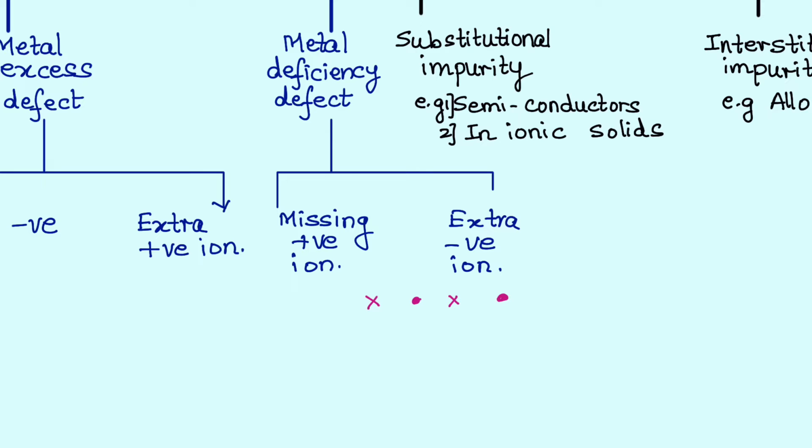First case, when one of the boys does not turn up at school, then the percentage of boys in the class has gone down, whereas the percentage of the girls has increased. That means the cation has gone missing, there is an increase in the anion, so the metal is deficient, right? So cation is less than the anion.